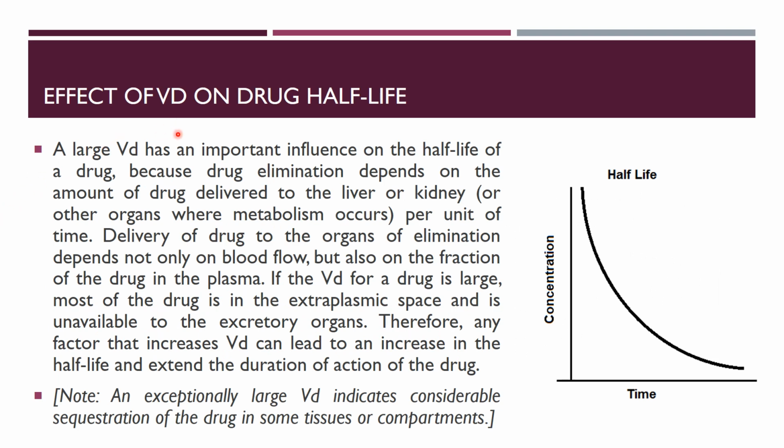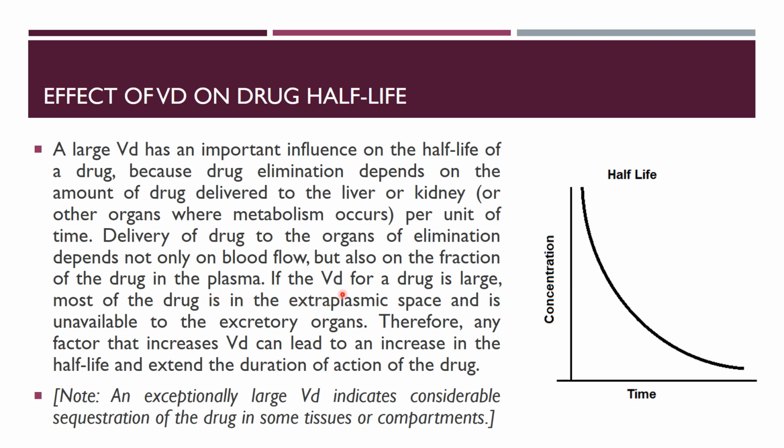Effect of VD on drug half-life. A large VD has an important influence on the half-life of a drug because drug elimination depends on the amount of drug delivered to the liver or kidney or other organs where metabolism occurs per unit of time. Delivery of drug to the organs of elimination depends not only on blood flow but also on the fraction of the drug in the plasma.